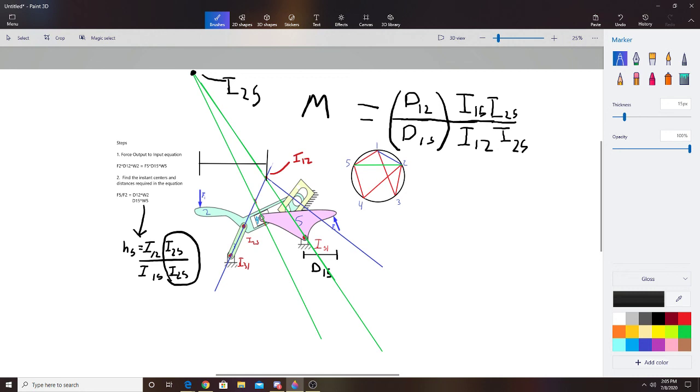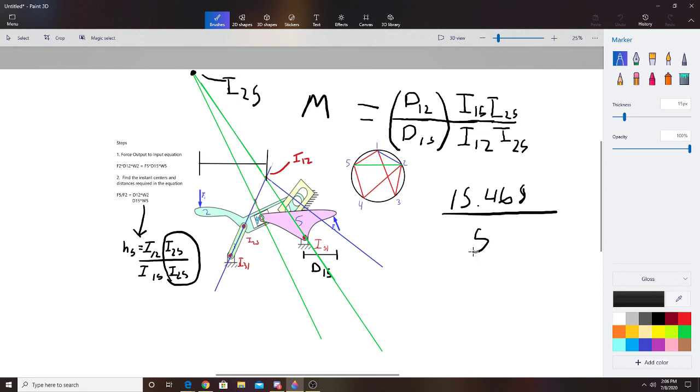All right, so we have 15.468 divided by the bottom part, which is D15, which we got to be what? 1 1/8, so 1.125 times I12, I25. And I12, I25 turned out to be 4.5 times 4.5.